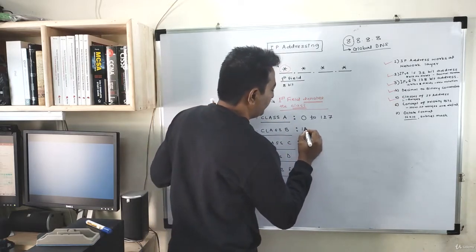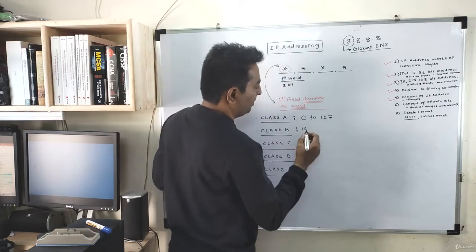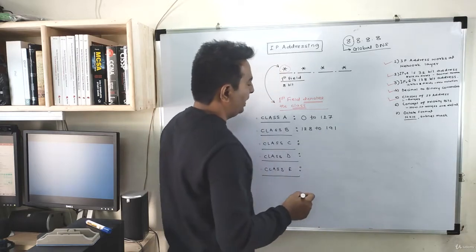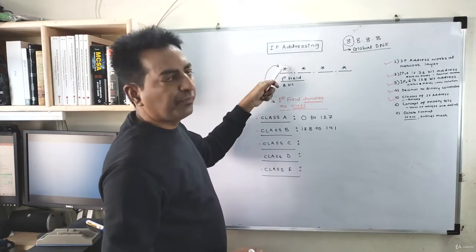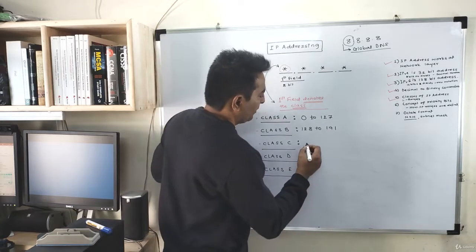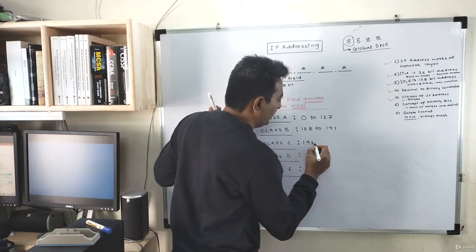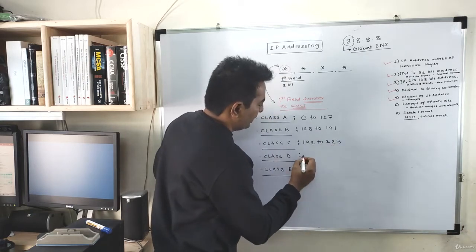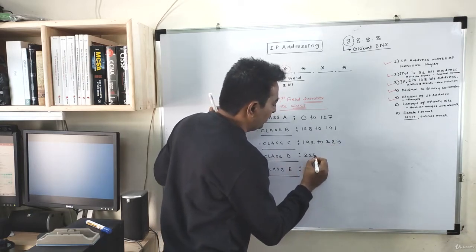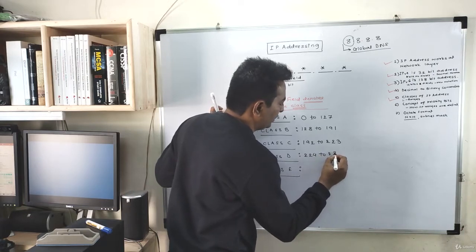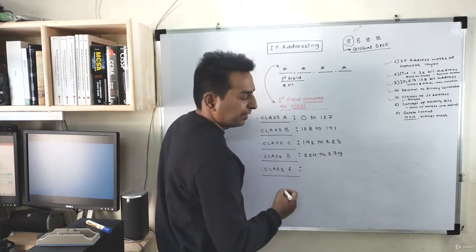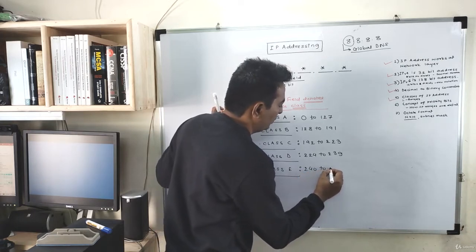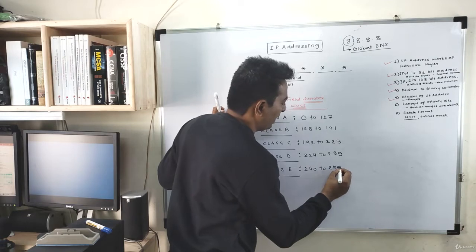Now if you see the address in the first field between 128 to 191, then that address will fall into class B. For class C, the range is 192 to 223. For class D, it is 224 to 239. For class E, the range is 240 to 255.